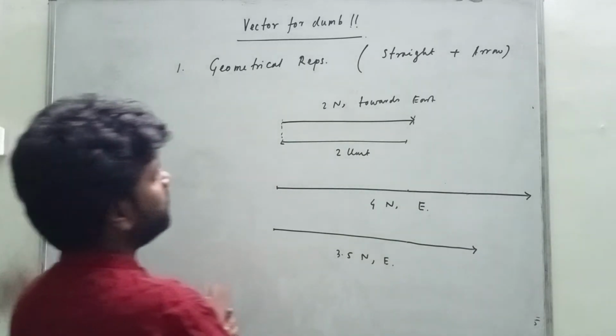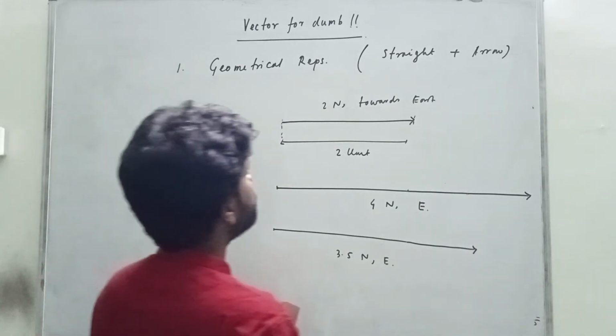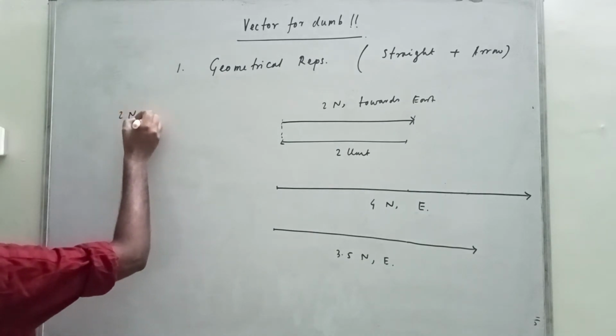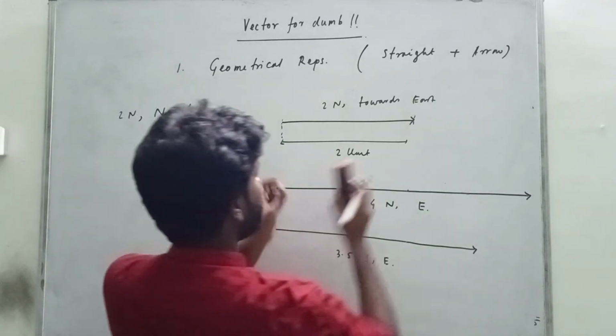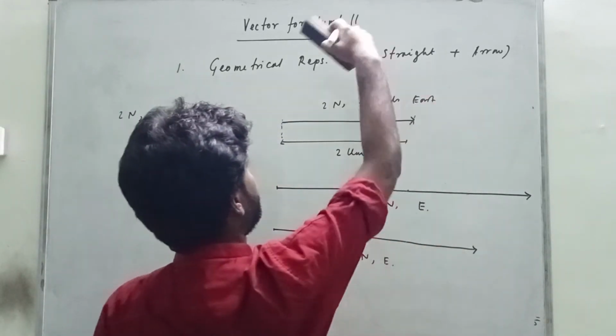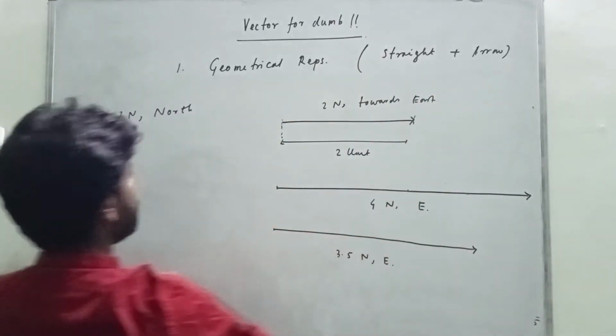Okay, so now if I introduce a 2 Newton force towards north, the length will be the same because it is 2 Newton, but the direction is towards north, right?